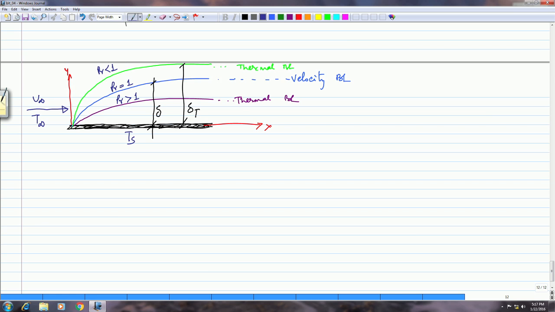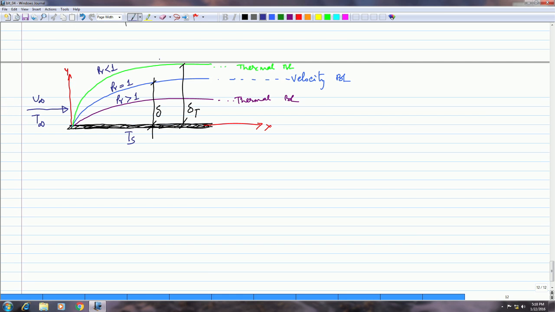If Prandtl number is equal to 1, the velocity and thermal boundary layer thicknesses are the same. If Prandtl number is greater than 1, the velocity boundary layer thickness is larger than the thermal boundary layer, and if Prandtl number is less than 1, the thermal boundary layer thickness is larger than the velocity boundary layer.